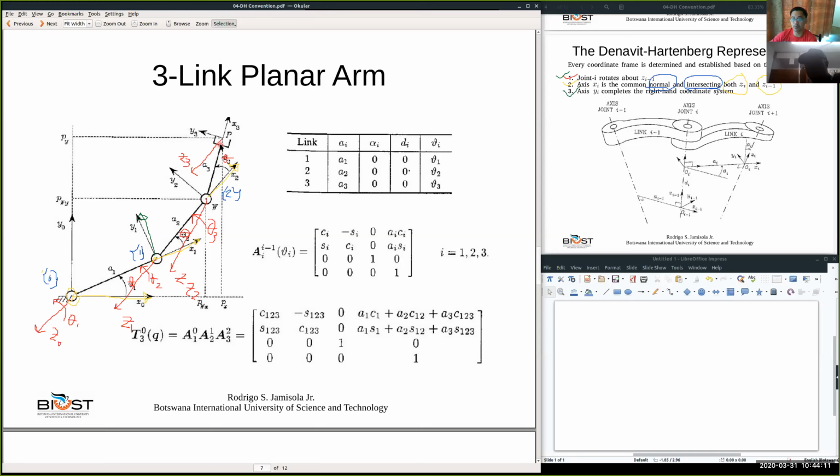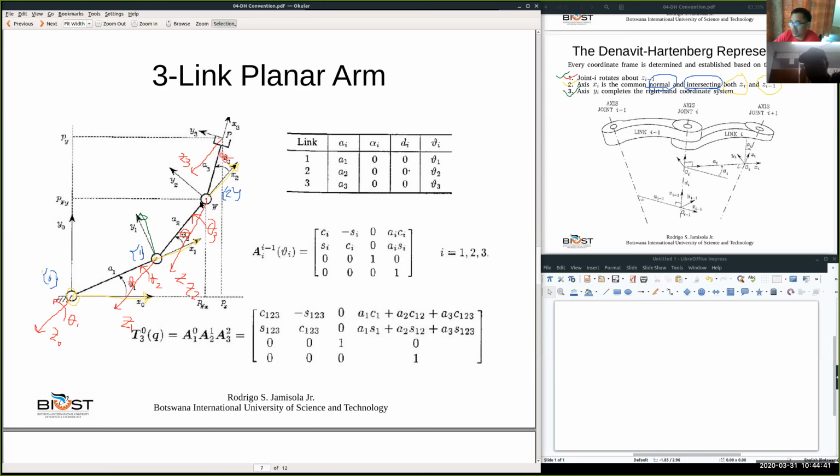It is just the tip of the hand. But just for ease of imagination and ease of computation, to have fewer numbers to deal with, and many zeros in your matrix, we arbitrarily assign Z3 to be parallel to Z2. That is what most everyone is doing.